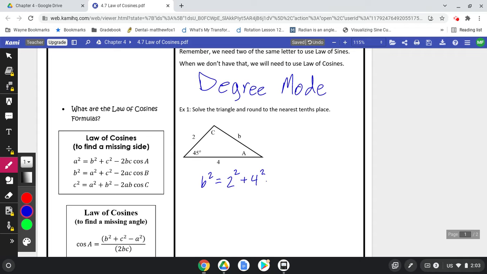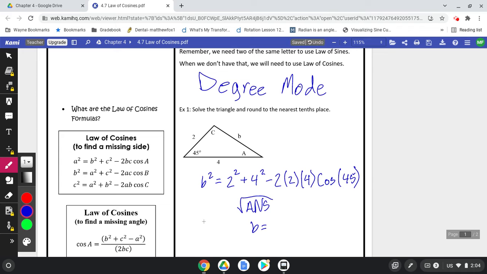Then you're going to subtract 2 times those other two sides, 2 times 4 times the cosine of whatever our angle is that's opposite the side we're finding. So 45. Now, when we get all of this, we will get what b squared equals. So then we'll have to take the square root of our answer to find what b is equal to.